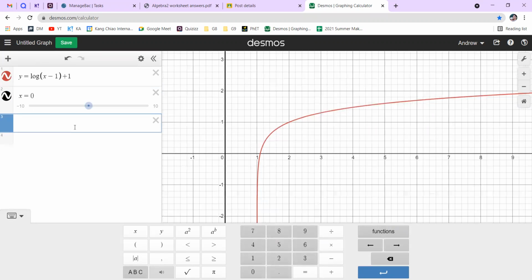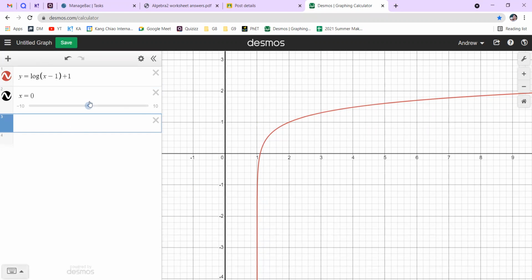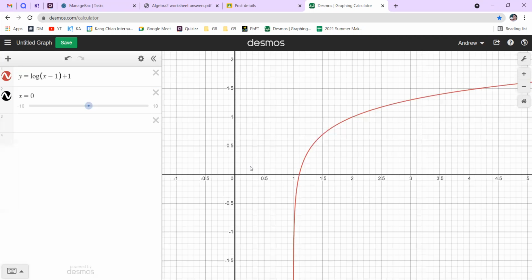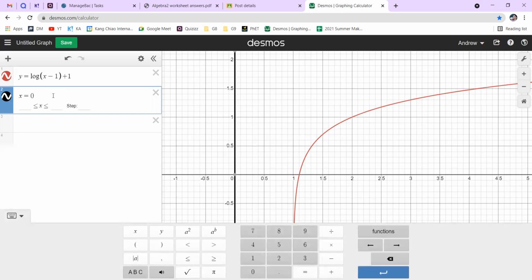I don't want the black one. Can I change the color? Shoot. Anyway, can you see it? This black line is x equals 0. It's the asymptote for the parent function, but we shift to the right 1 unit, so x equals 1. So this is the new asymptote.